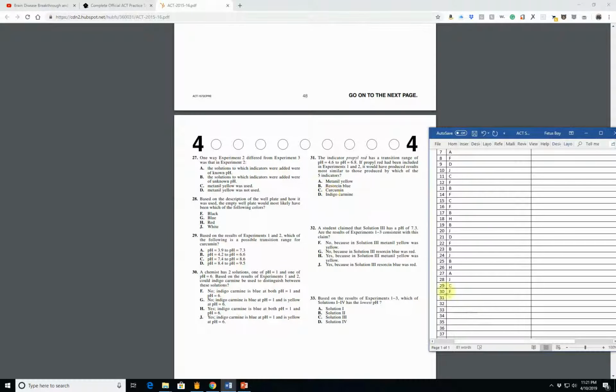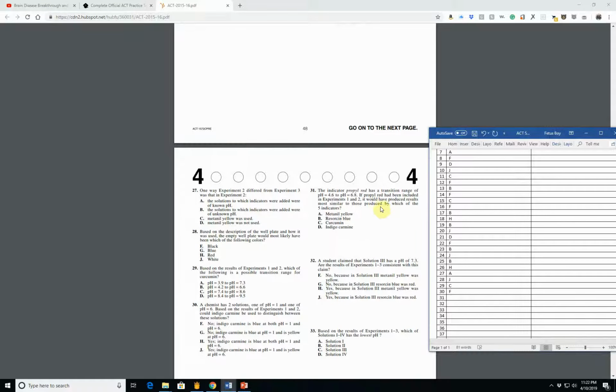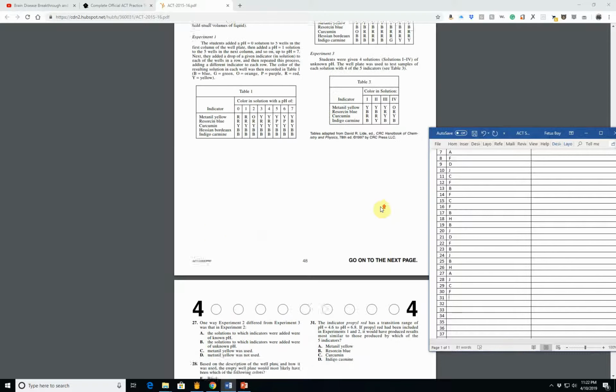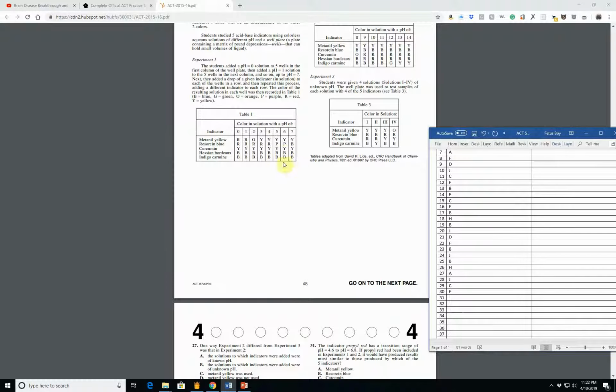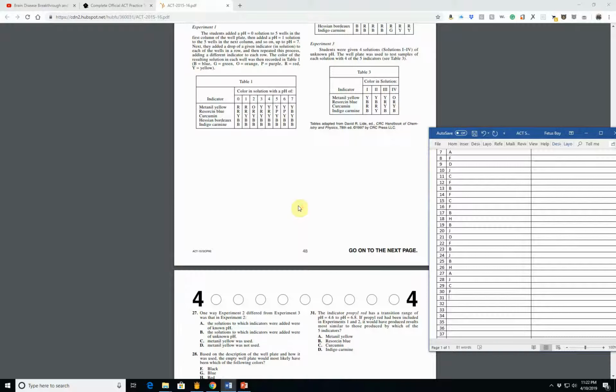Alright. So the indicator propyl red has a transition range from 4.6 to 6.8. If propyl red had been included in experiments 1 and 2, it would have produced results most similar to which indicator? Okay, 4.6 to 6.8. So purple, red, red, red, purple, purple.